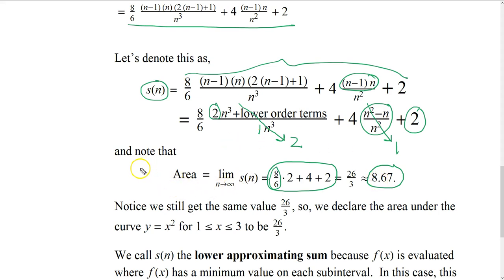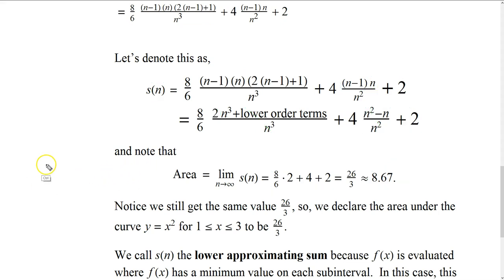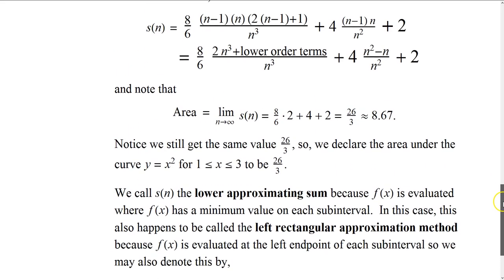Now let's take note of that notation down here. In this case, we call little s of n the lower approximating sum, and that was because f of x was evaluated at where it has a minimum value on each subinterval. And since the function f of x had its minimum value at the left-hand endpoint of each subinterval, we will also call this the left rectangular approximation method, and we'll denote it like this.